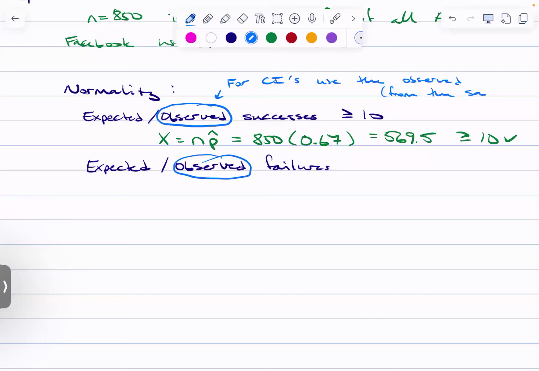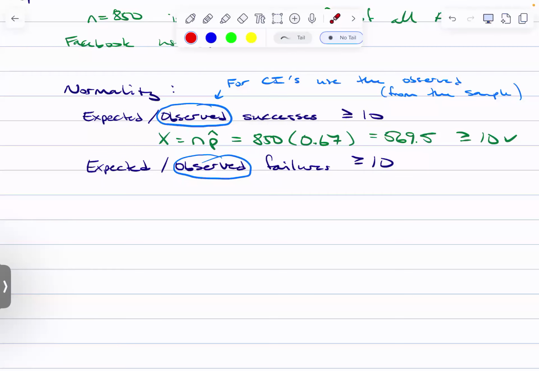From the sample. And again, it has to be greater than or equal to 10. Lots of ways that you can go about it, right? You could say, well, if I have a total of 850 and 569 and a half of those are successes, then I can take those successes away and find the failures.